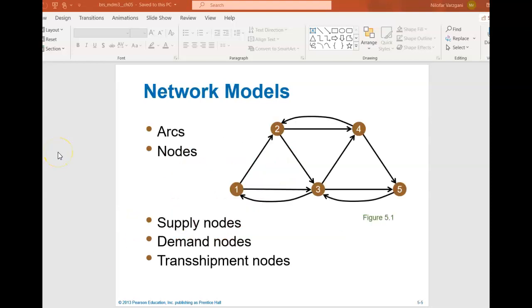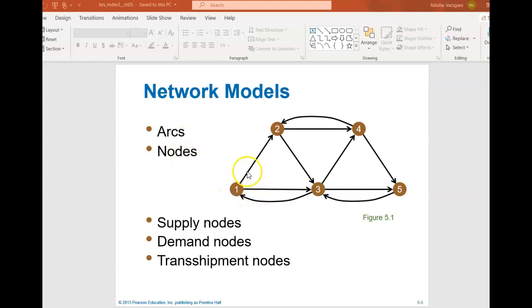Network models are special because they are mainly accompanied with a network diagram that helps us identify our decision variables and identify what type of node each node is. So in a typical network model, you have both arcs and nodes.